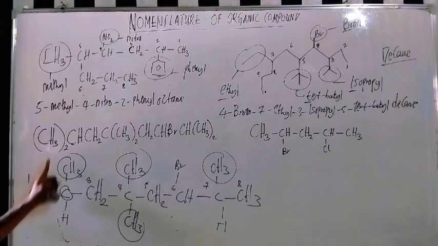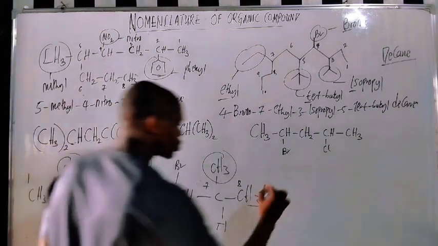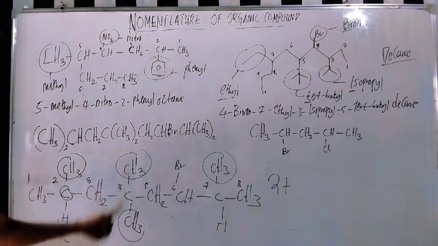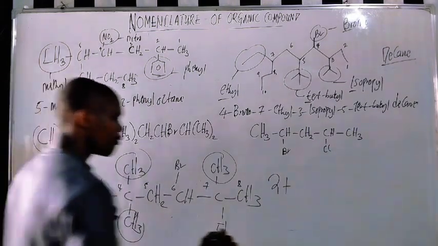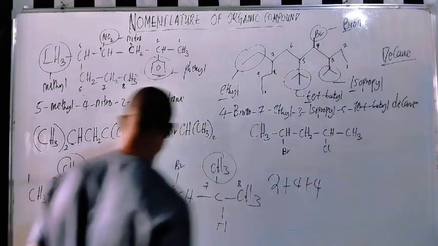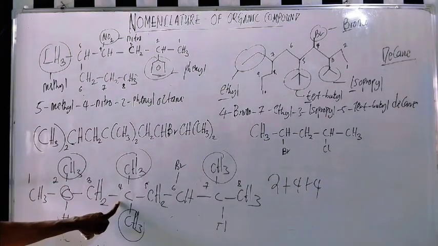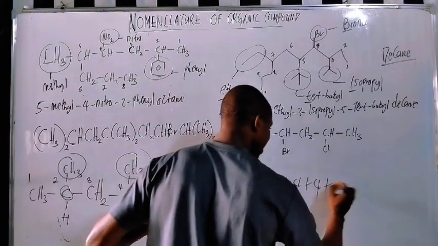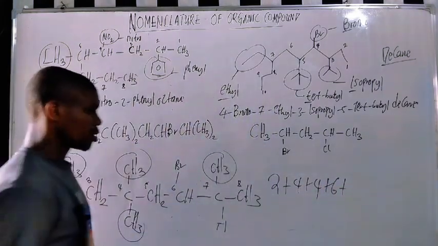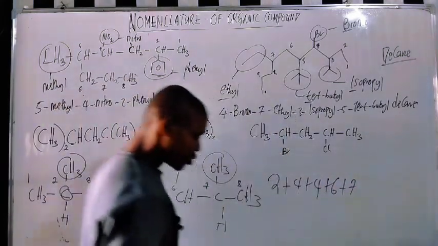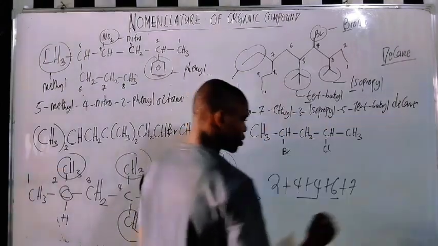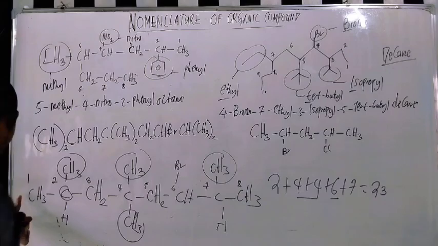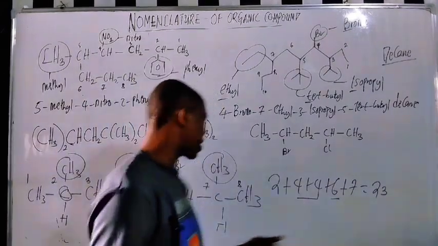Carrying that 2 add in methyl, it's going to be 2 plus, right? Carrying that 4, add this and this, so it will be 4 plus 4, because 1, 2, 3, 4, right? Carrying that 6, here we have plus 6 plus 7. So when you sum all this together, you're going to get 23. When we start from here, you're going to get 23.